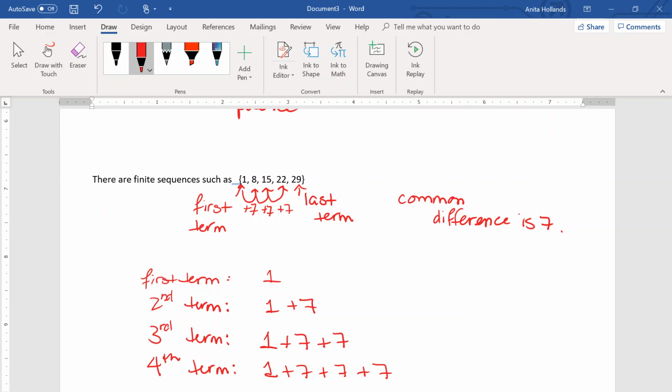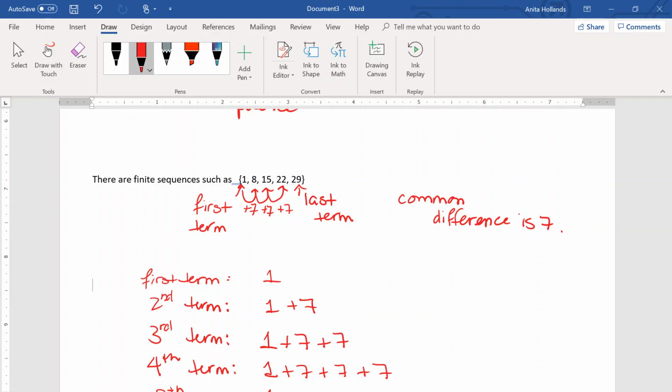So hopefully you're seeing a pattern here where this is our first term, and we're adding the number one less than the number of the term it is. So for example, for the fifth term, we're taking our first term and we're adding 4 sevens. So one less than the number that the term is. We're adding 4 sevens.